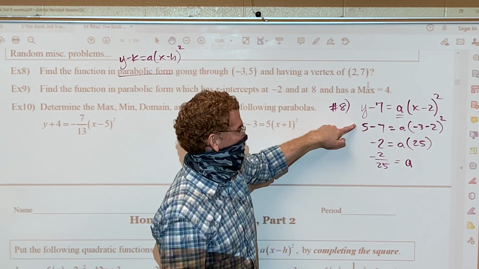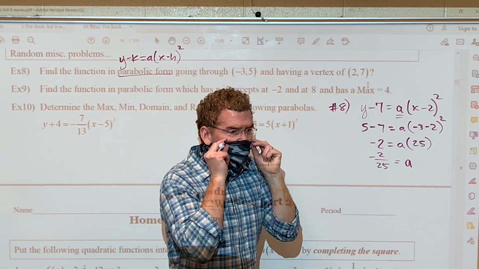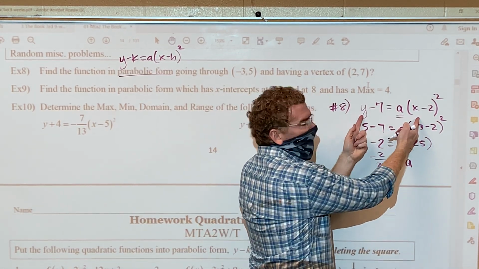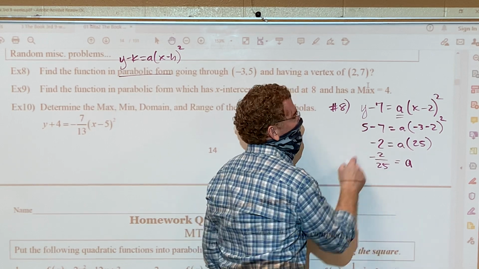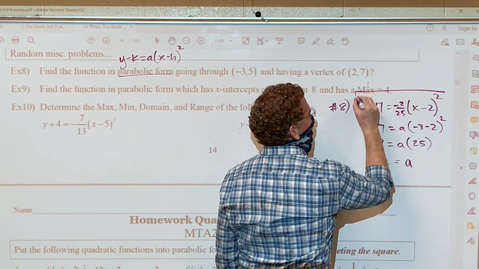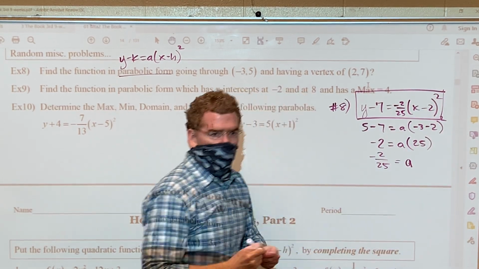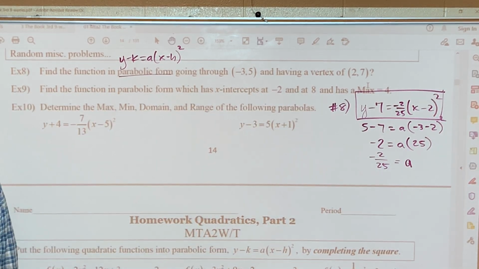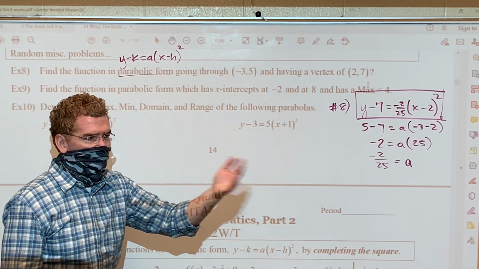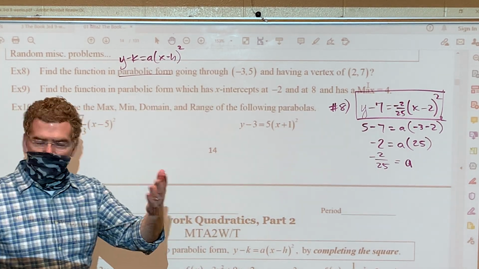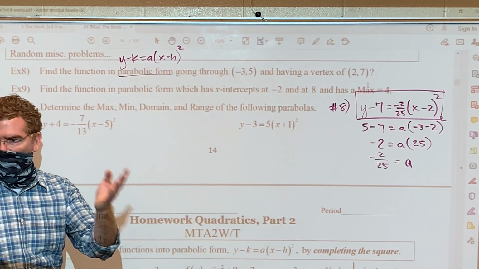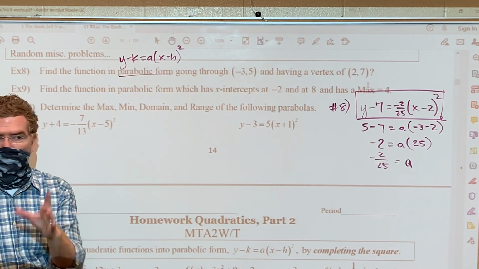I want an equation that has an x and a y in it. So I'm using that point that's not the vertex as one of the many points that are on here to help me find a, but once I get that a, negative 2/25, that is the actual equation of the parabola. And if you're in doubt, take these points, plug them back in there. You should get a true statement every time. You plug that point in for x and y, and you'll get like 10 equals 10, or 4 equals 4, or 0 equals 0, or something that's true.